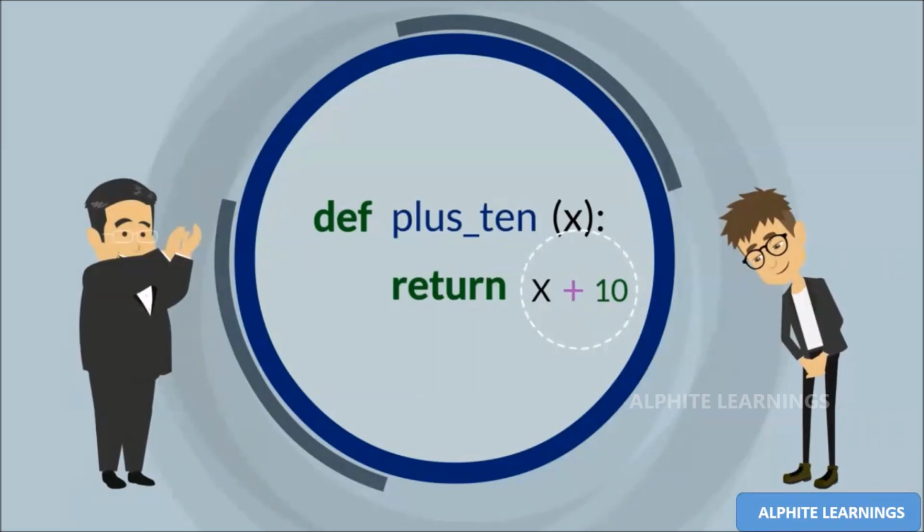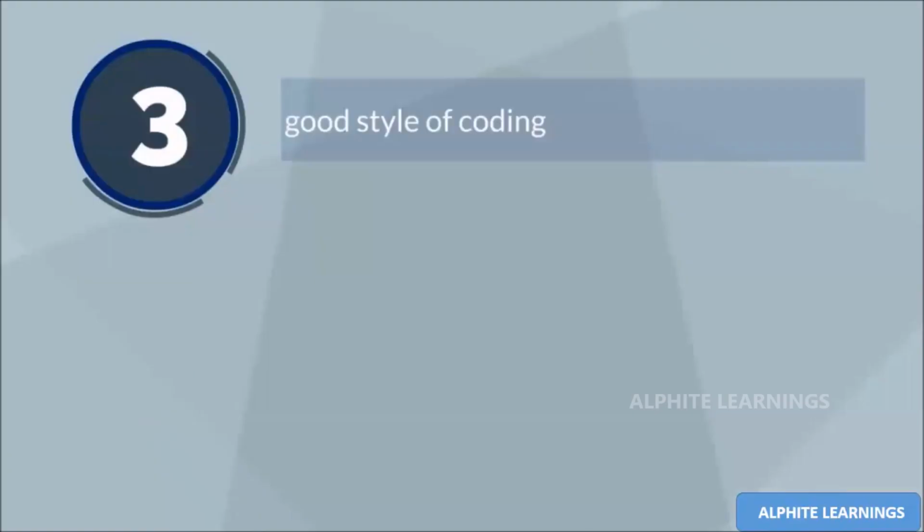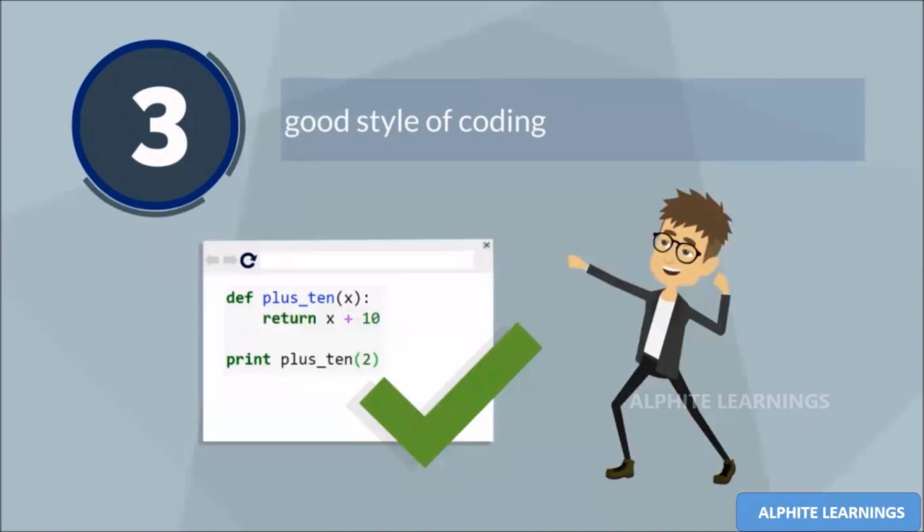The two things we saw are that we should have mechanistic thinking and problem solving techniques. The third thing is a good style of coding. Everyone who is well versed in Python or any programming language can run or develop code. But a good code should be clean and responsible.